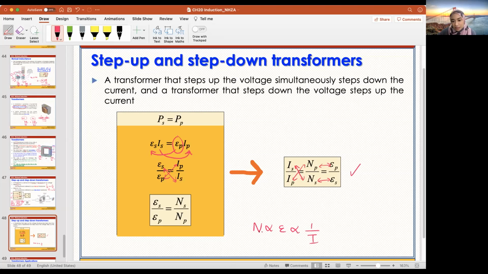So if this is NS, ES, 1 over IS. So NS over NP, EMF secondary, EMF primary. For I I have to flip, so IS is down here, which means the primary must be on top. Okay, that's one way of doing it.